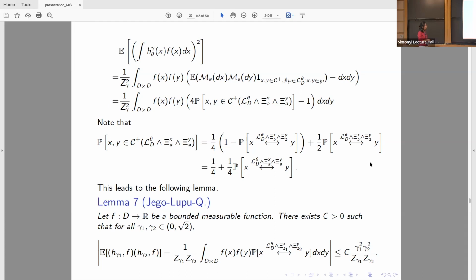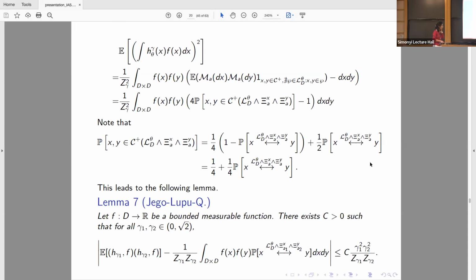And with all this complicated transformation, what we actually in the end want to obtain is that this second moment of h gamma f is roughly equal to this integral expression.